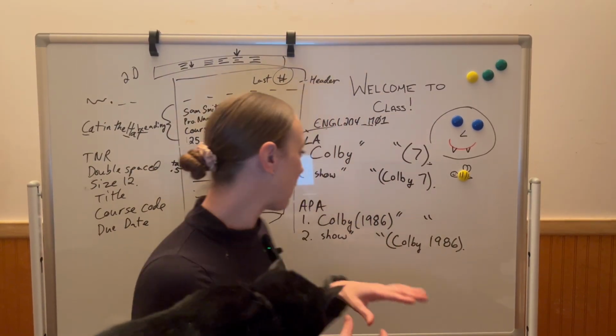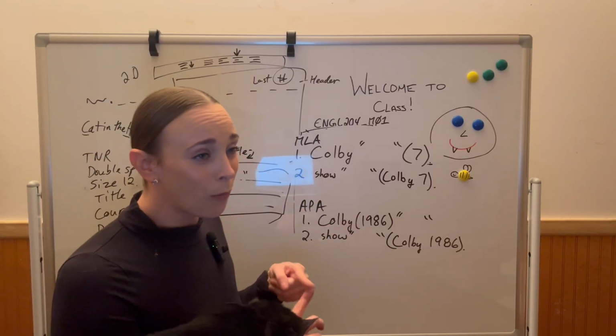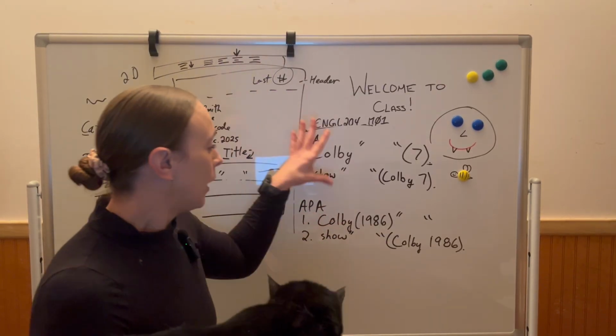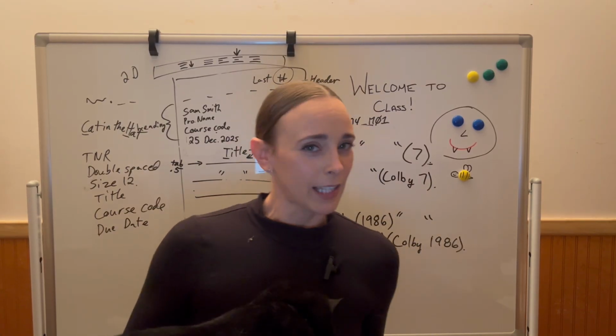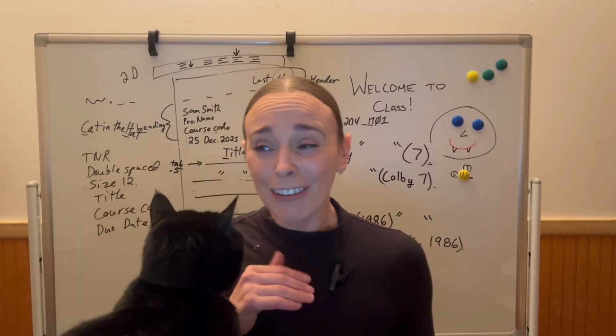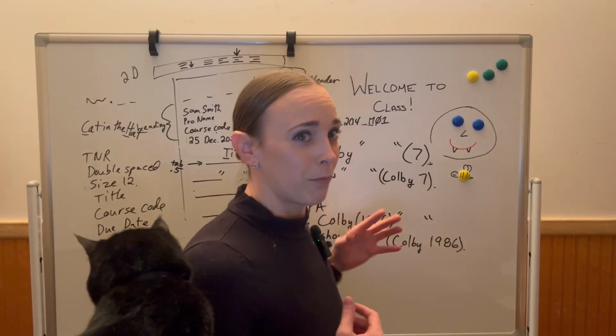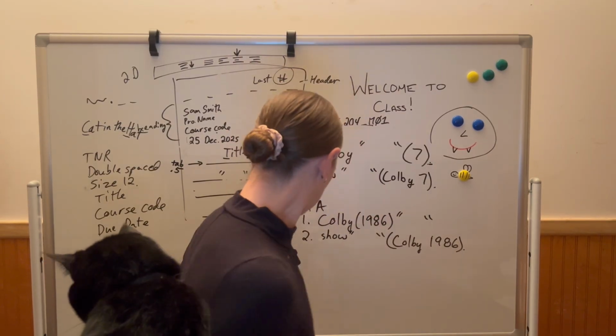Okay, so that is only how to do in-text citations. So within your paper, anytime you use a quote, a paraphrase, or a summary, you need to have that information there. But you also need a works cited page, which is an entirely separate page from the essay itself.